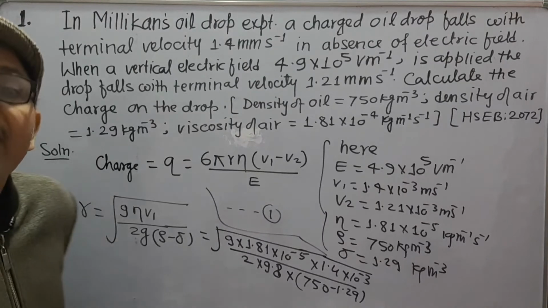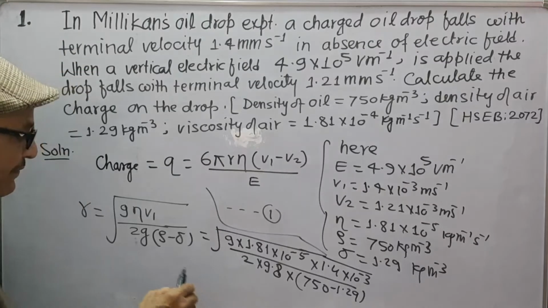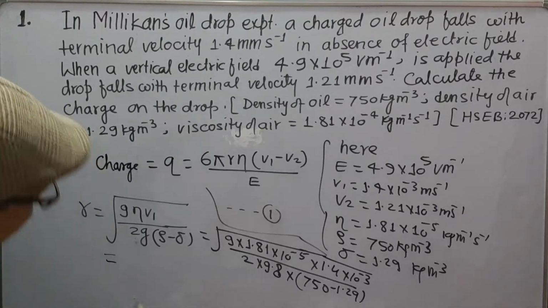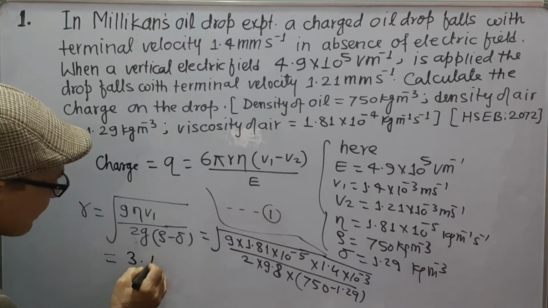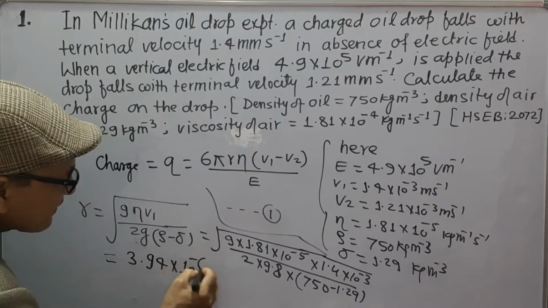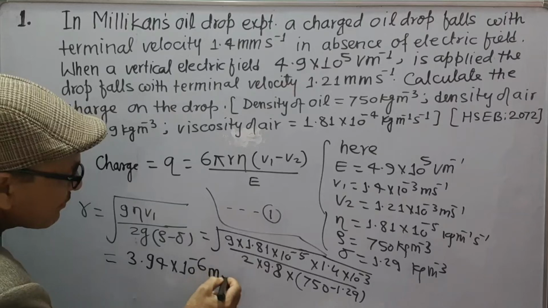On simplification we get R = 3.94 x 10^-6 meter.